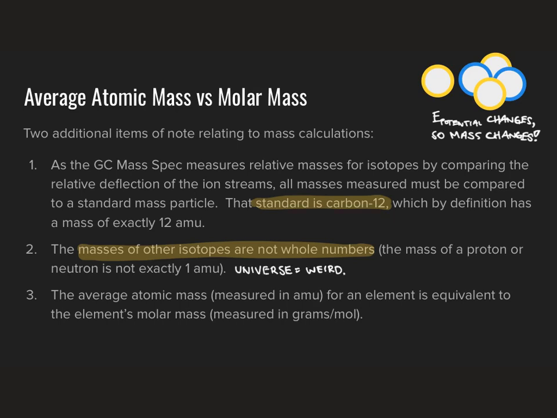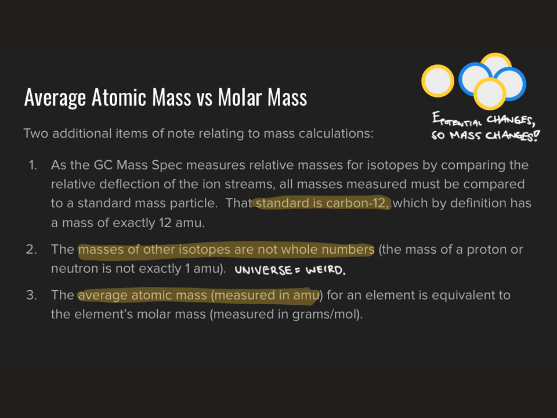One other thing I want to note, just as a quick reminder, and this is important as we go forward into our calculations involving stoichiometry: the calculation we have just made is a calculation of the average atomic mass, in units of AMU, of a particular element.